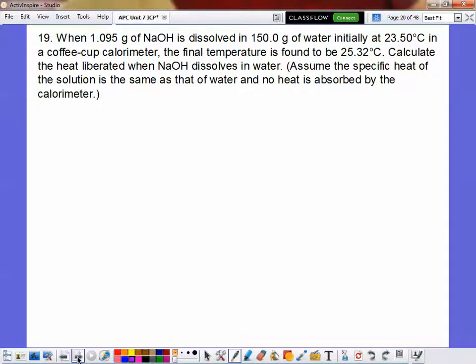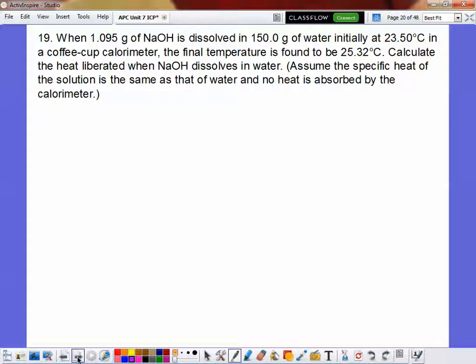Is it losing any heat through the cup, or is all of it staying within the water? Then, the following class, you're going to be assigned a different set. You're going to dissolve specific solids in a specific amount of water to figure out which one liberates the most heat and is the best hand warmer.